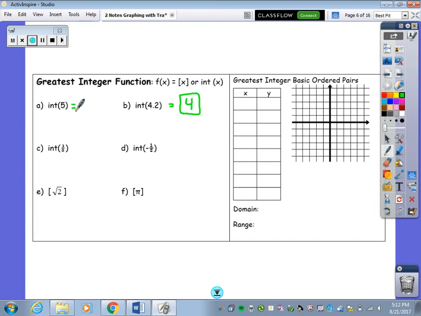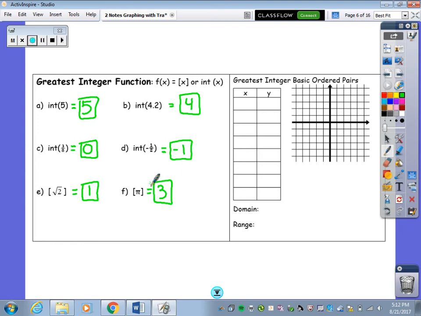Here, it's equal to 5. That's the greatest integer, it's just 5. 3/8, we would round down to 0. Negative number, trick question. This would round down to negative 1. This is about 1 point and then a bunch of numbers, so this is going to round down to 1. And pi, which we know is 3.14, would round down to 3.